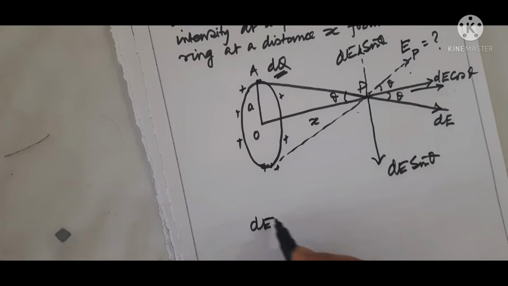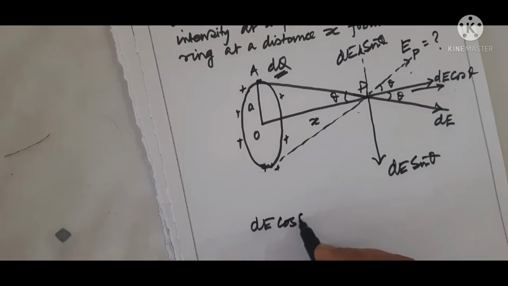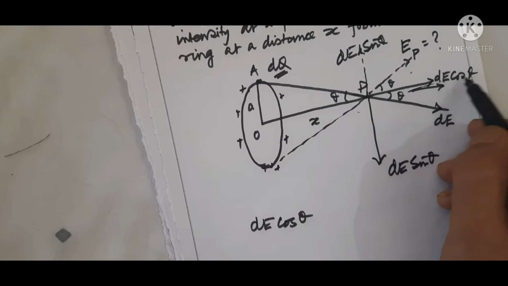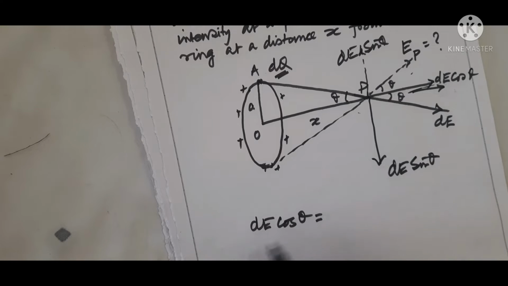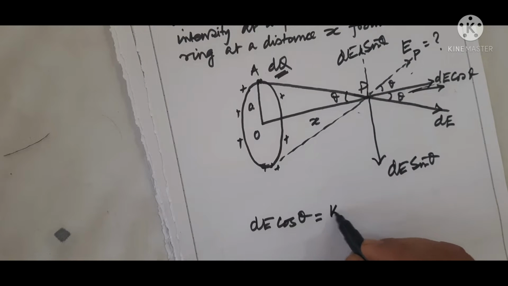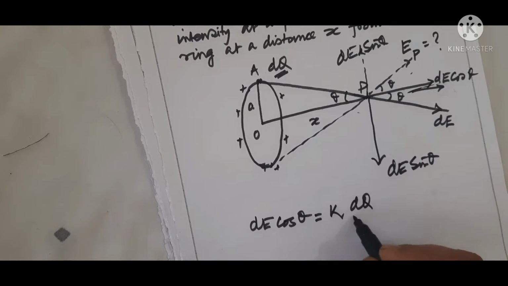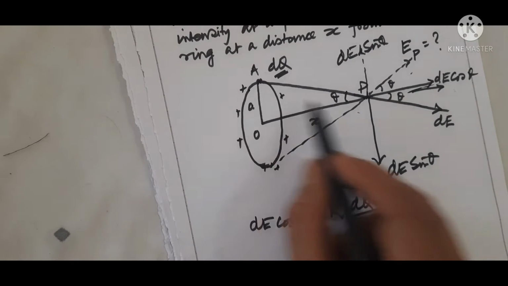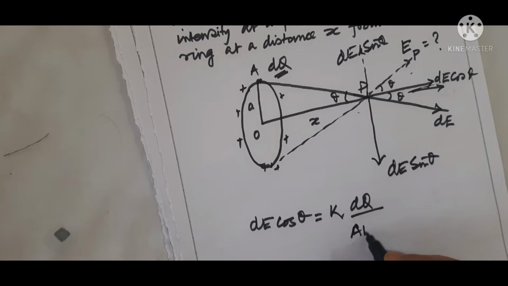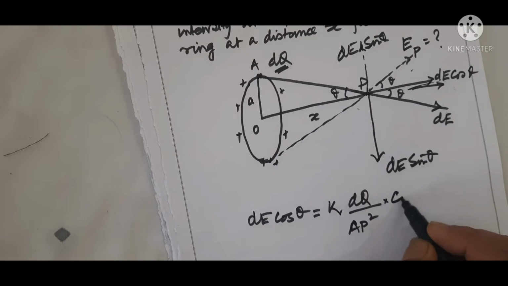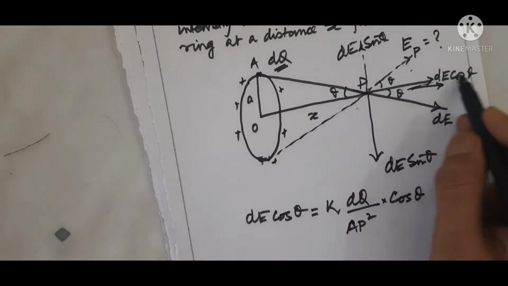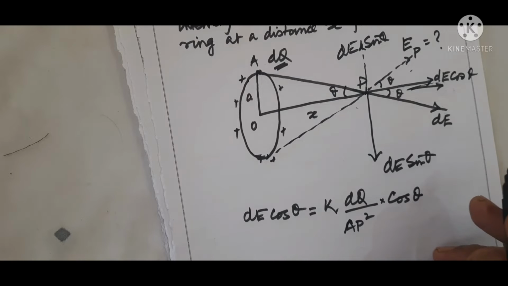Here we have to find dE cos theta, only this cos theta. So dE cos theta, how do we find dE? That is k dq by AP square, that is the magnitude, into cos theta. We require dE cos theta only, because the vertical components are going to cancel each other.